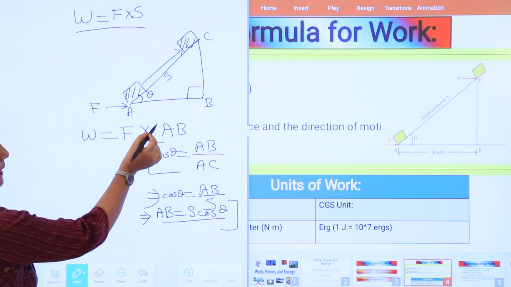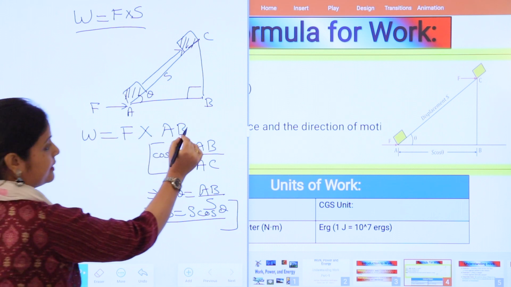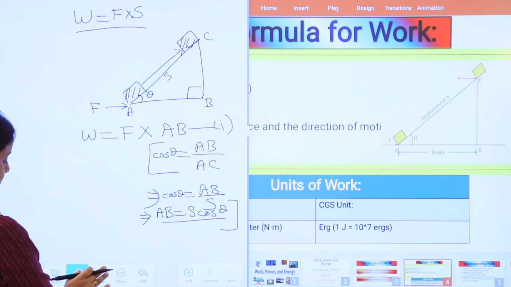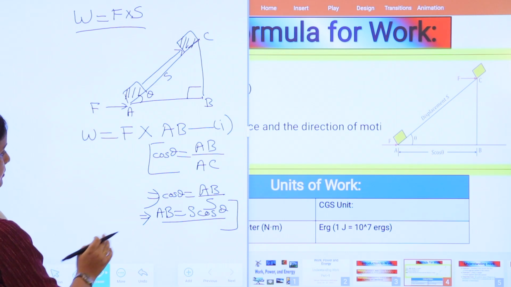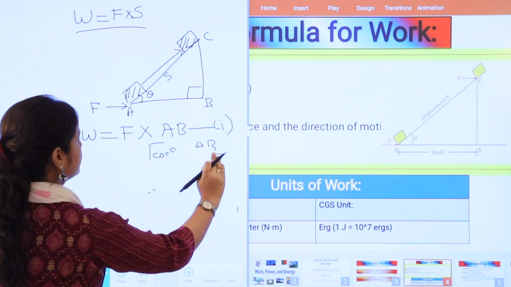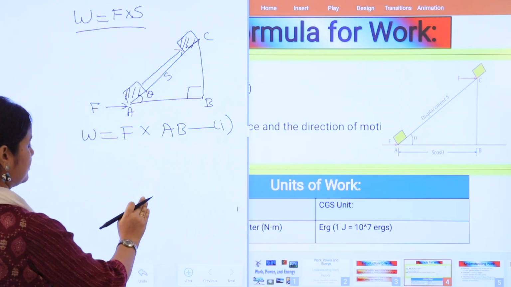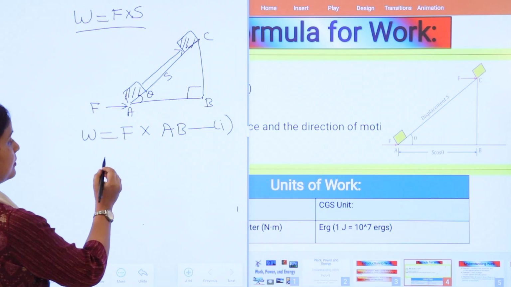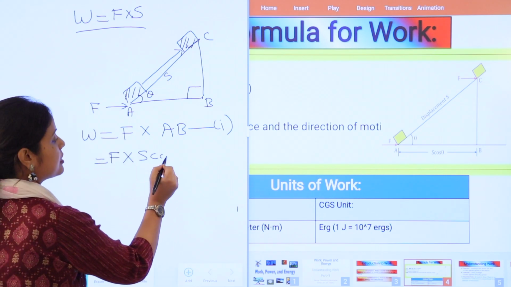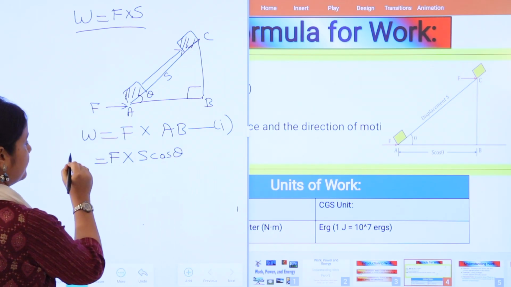Now, we are going to replace this value in equation number 1. So, W is turning out to be F S cos theta.